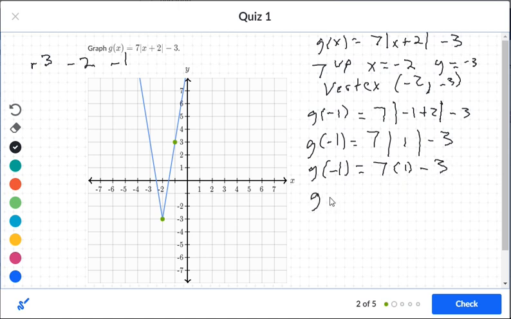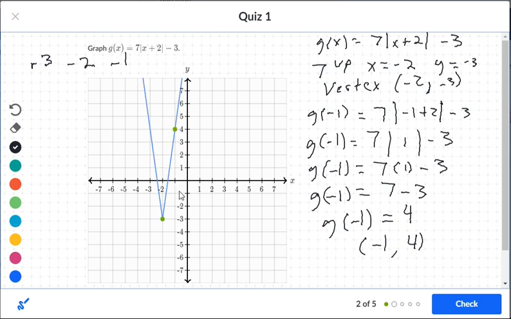So now we multiply: 7 times 1 is 7, minus 3. Finish it out: 7 minus 3 is equal to 4. Now we can write this as a point: negative 1 gives me 4. So we want to be at negative 1, and go up 4 levels, so we want to actually go up 1 more.